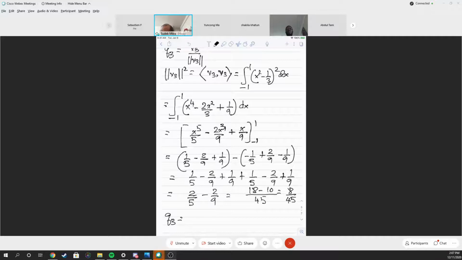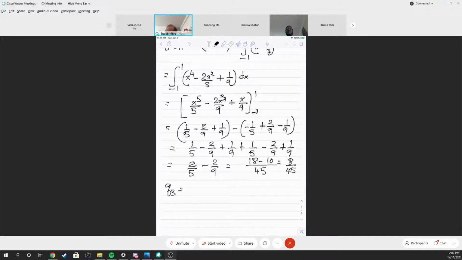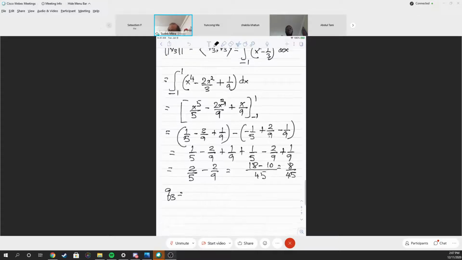That is absolutely correct. 1 upon 5 minus 2 by 9 plus 1 upon 9 minus 1 upon 5. This becomes minus plus. Okay. This plus minus plus, yes. 2 by 5 minus 4 plus 2, yes. 9 twos are 18 minus 5, yes, that's okay. Okay, so Q3 is what?